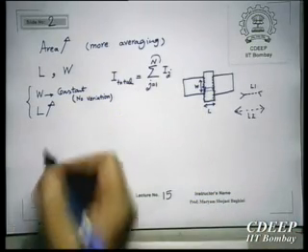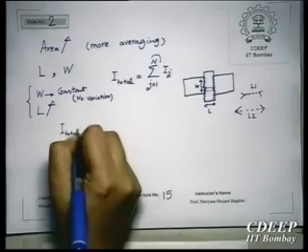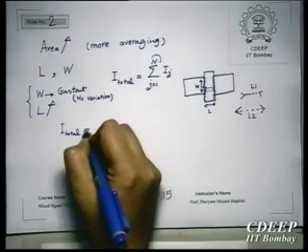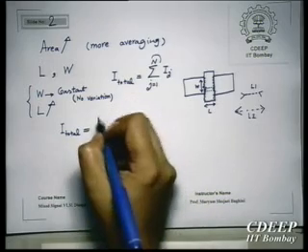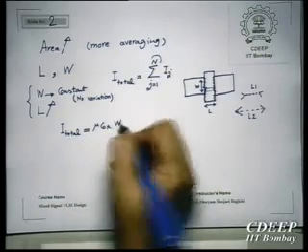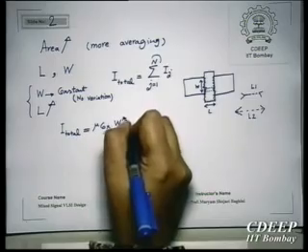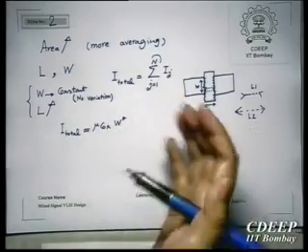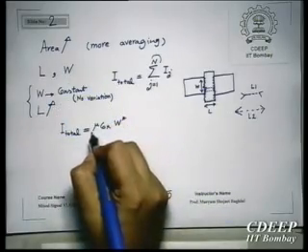Therefore for this I total, I consider W doesn't observe any change or variation. It will be mu C ox W star, where W star is W upon n, because this is actually delta W, not W, but it's constant.